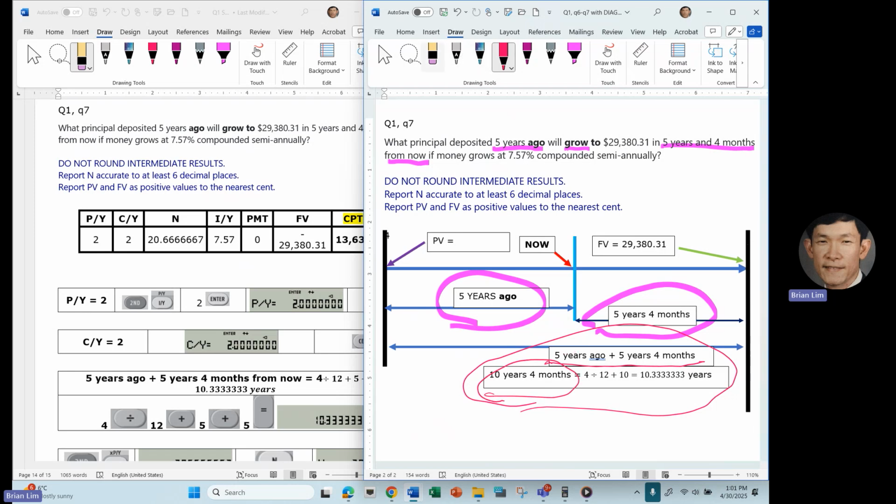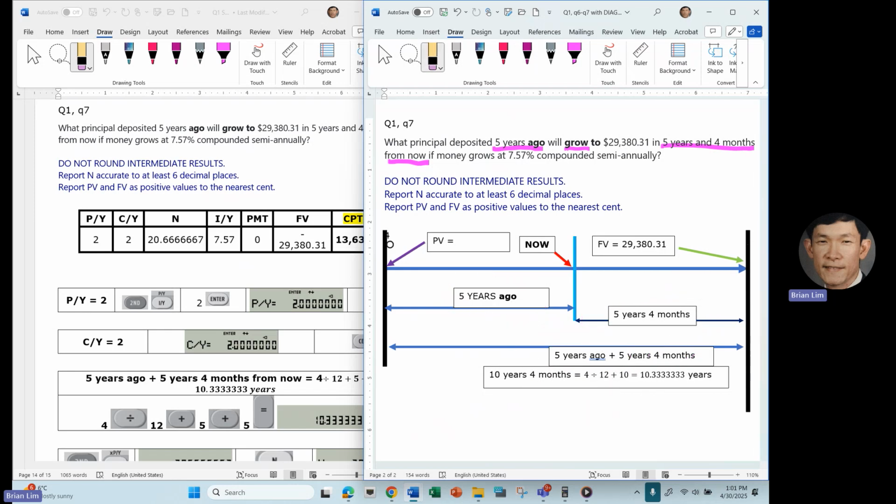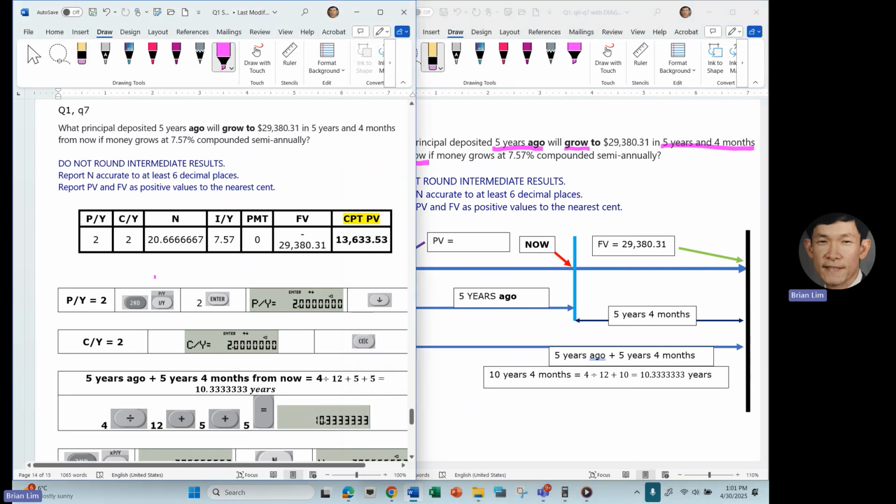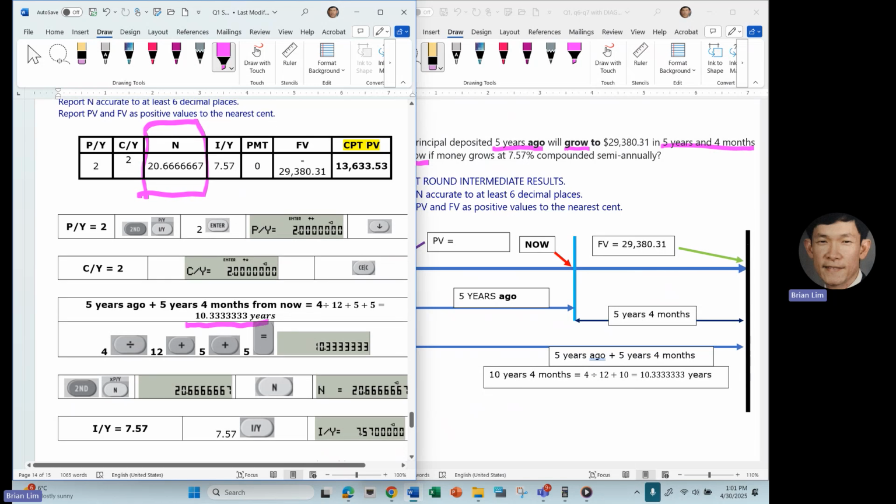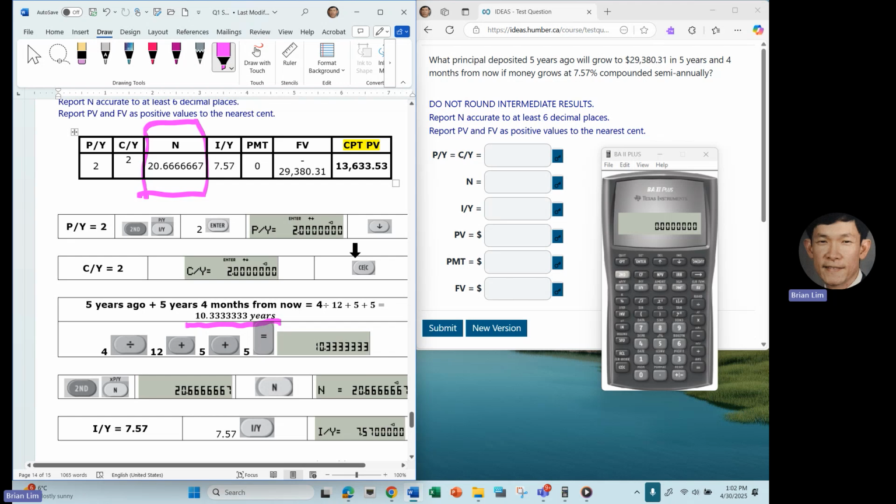The 5 plus 5 is what results in the 10, and then the 4 months is right there. So with that, we can do our calculation for the value of n. Yes, n is the value that requires us to get to this number, 5 years plus 5 years and 4 months. So with that in mind, let us start our calculations.